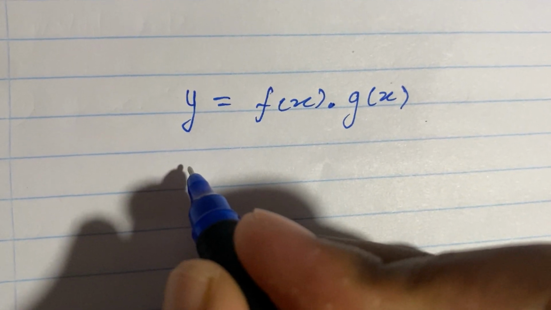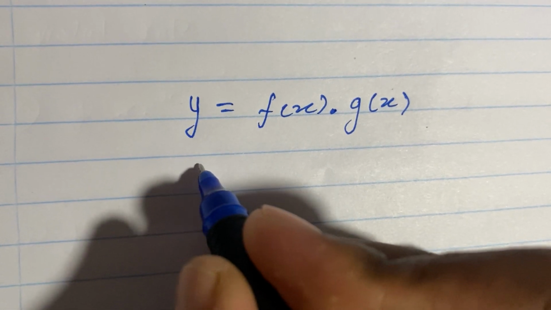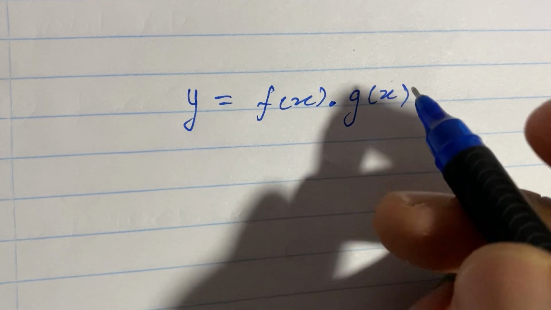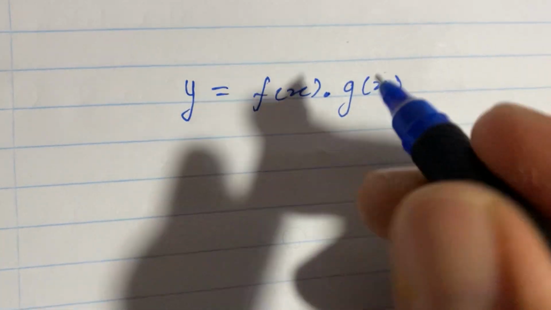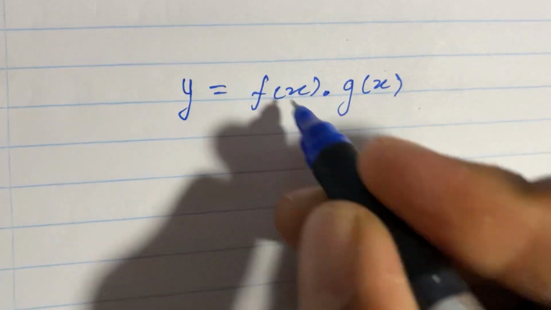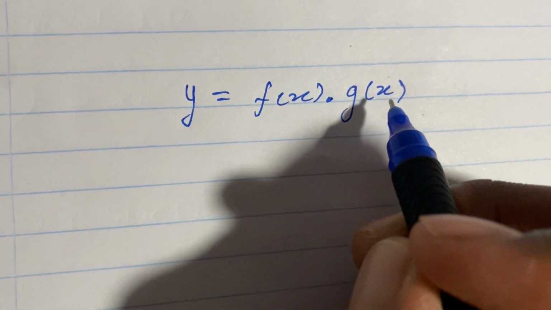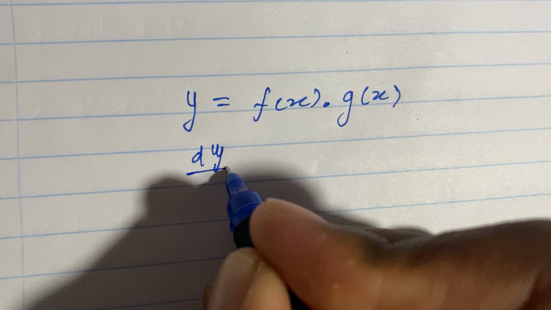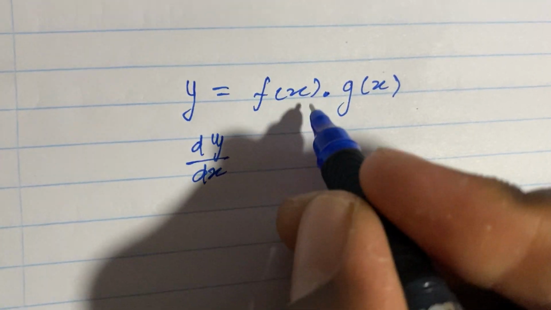The derivative or the gradient function of a function that is multiplied by another function is called the product rule. So you use the product rule to get the derivative, which is dy over dx.